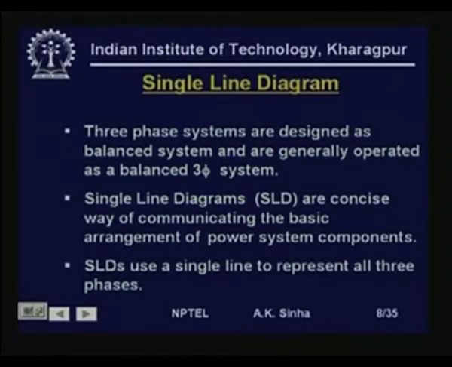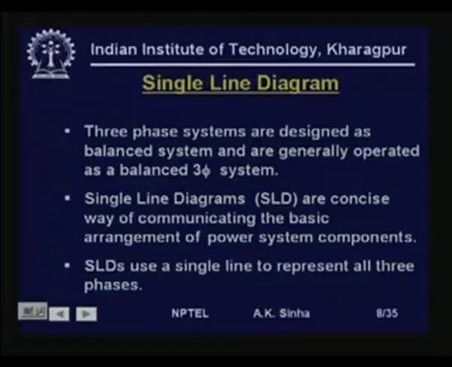Now, if we have a balanced system, then all the 3 phases are having the same currents and voltages, and therefore, whatever values of currents and voltages are in one phase are going to be in the other 2 phases, except that they will be out of phase by 120 degrees from each other, and therefore, it is possible to make a single phase or a single line representation of this balanced 3 phase system.